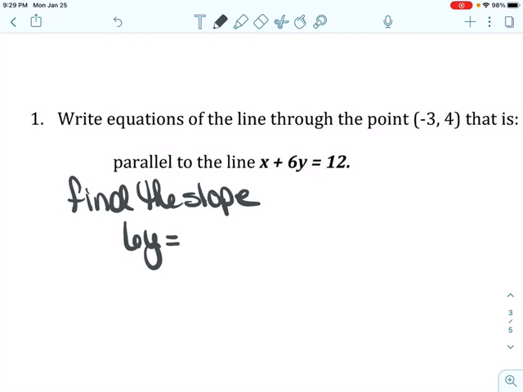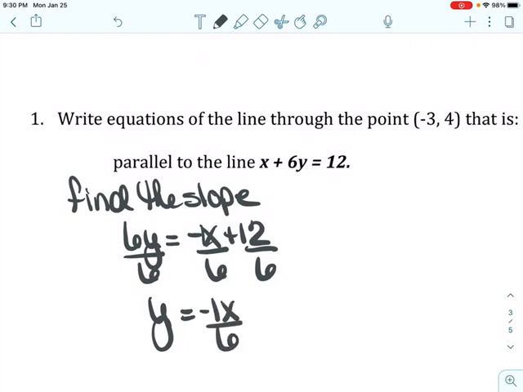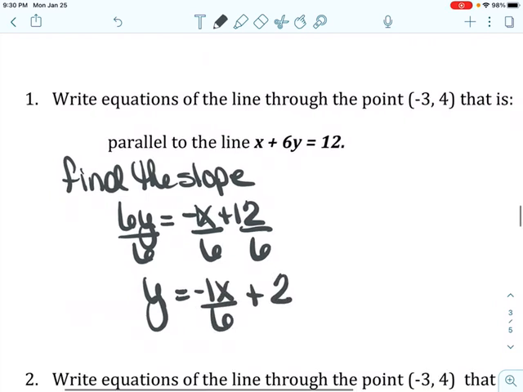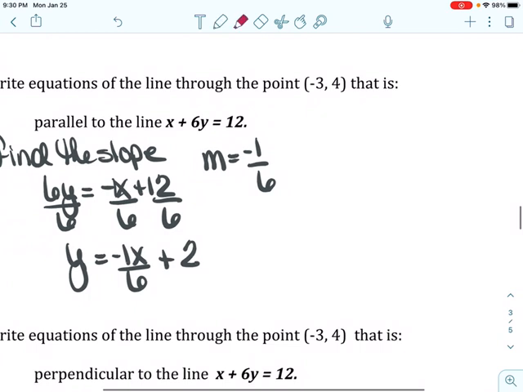Okay, so I'm going to go 6y equals negative x plus 12. And then I'm going to divide everybody by 6. So y equals, remember there's always a 1 in front of that x, which means the slope of our line is negative 1/6.